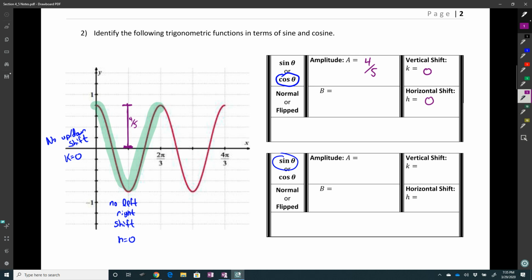Now B, we notice that the period, just from looking at it, is 2 pi over 3. So that means that B has to follow a formula. Remember, B is going to be 2 pi over the period. Now, in your calculator, you would have to put this in parentheses.